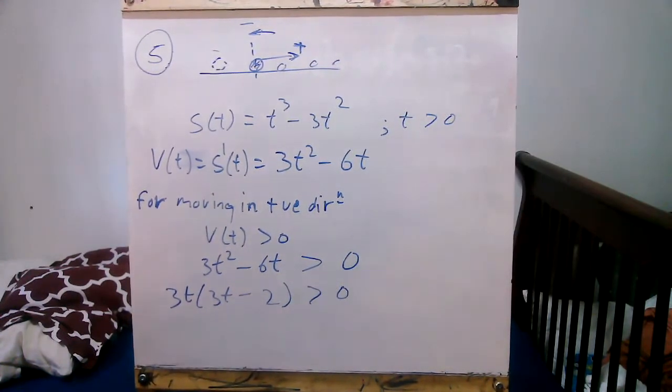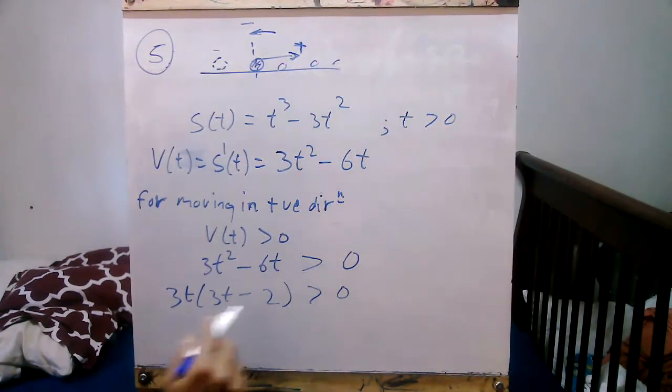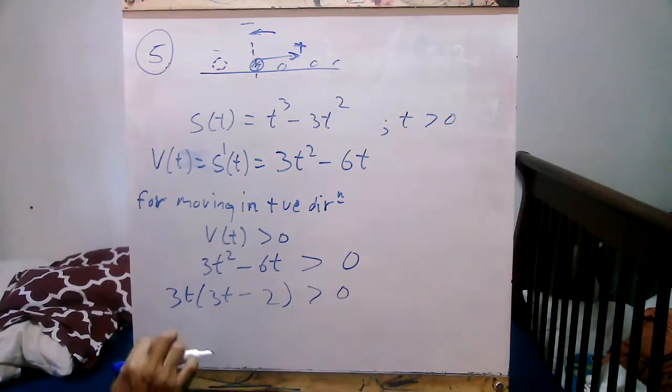Okay, now what? Now here again find boundaries. You cannot say this is equal to 0, this is equal to 0. No. That is with equal sign. Boundary values.